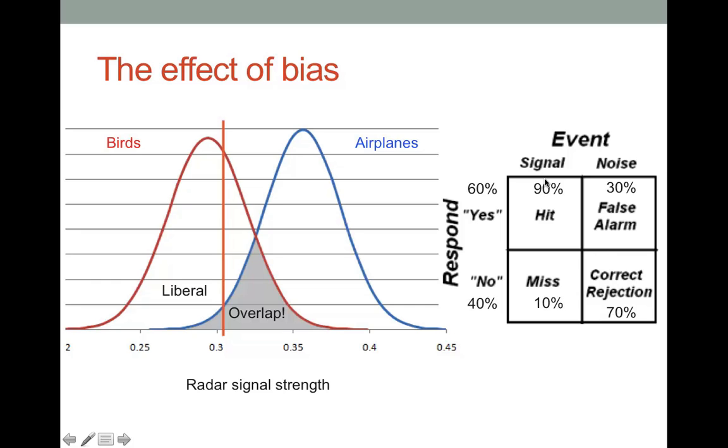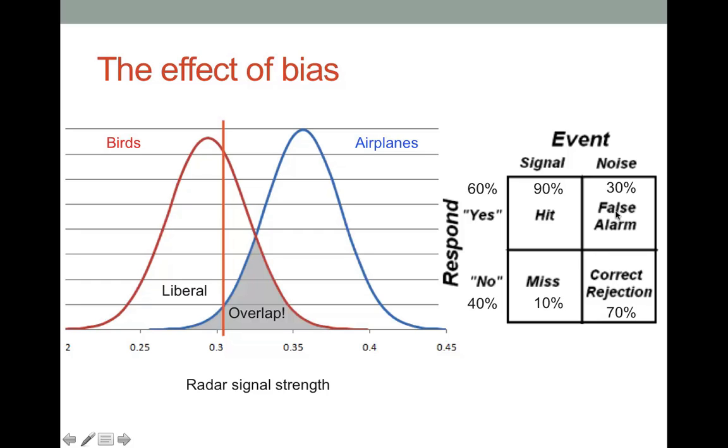We can break that down to see that now, because I shifted the criterion, I have more hits, more of these airplanes I'm going to call airplanes. So that's up to 90%, and I'll have less misses. Less of these things that are airplanes will I be calling birds. Only 10% now instead of 20. But the flip side is I'm going to have more false alarms now. You can see that the area of the bird distribution that is to the right of the criterion is now bigger.